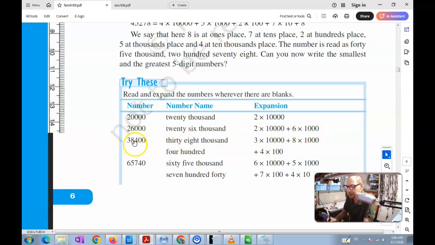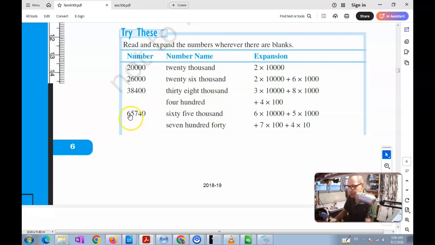38,400 would be 3 groups of 10,000, 8 groups of 1,000, and 4 groups of 100. Now this number over here, for example, 65,740, is 6 groups of 10,000, 5 groups of 1,000, 7 groups of 100, and then 4 groups of 10.